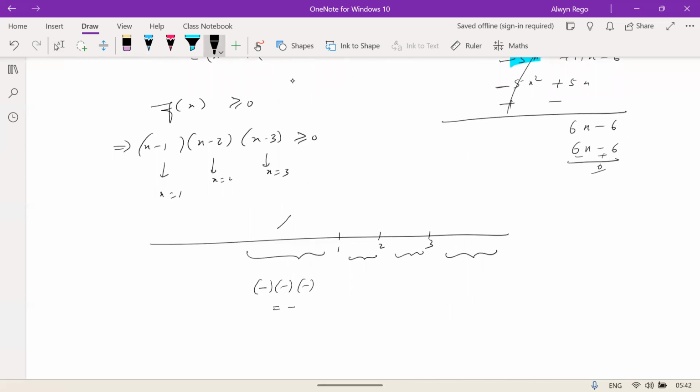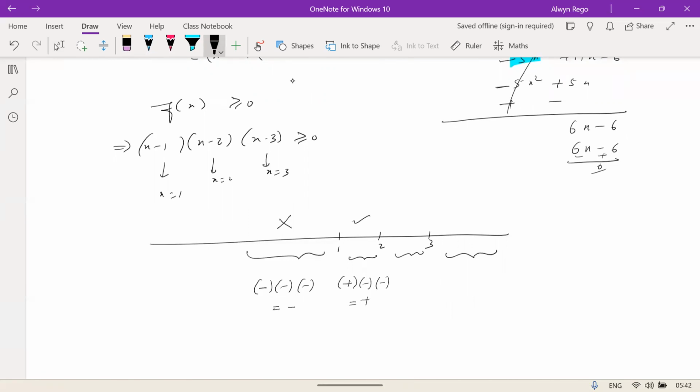So the answer is negative. You don't want this. Take between 1 and 2, you find that 1.5 minus 1 is positive, 1.5 minus 2 is negative, and 1.5 minus 3 is negative here, so that becomes equal to positive. So we want this.